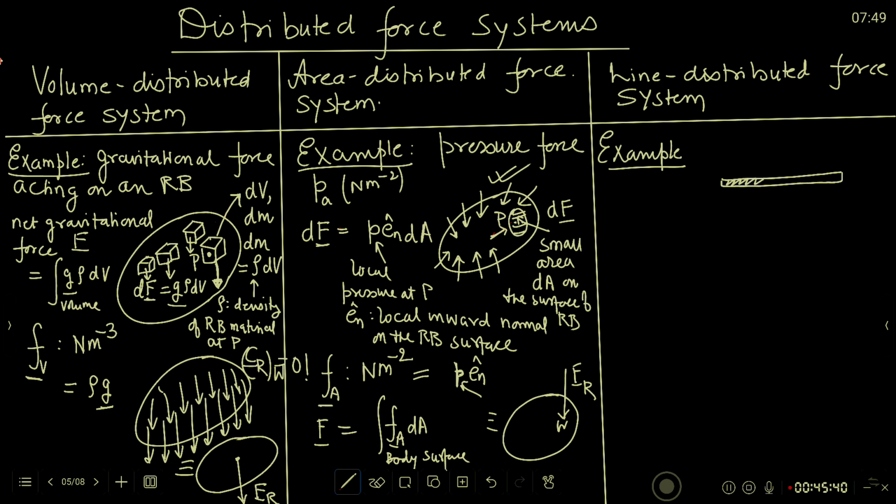Now if you look at the cross section of the beam, it is very small. This is the side view of it. Now you may be loading this beam over this small dimension. Let this dimension be B.